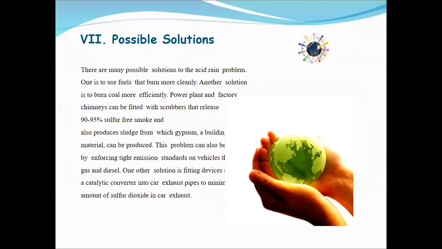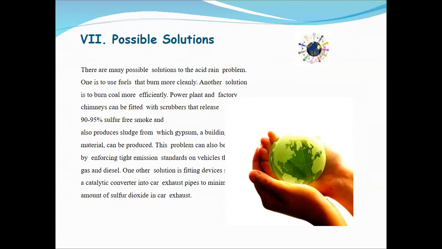This problem can also be avoided by enforcing tight emission standards on vehicles, gas and diesel. Another solution is fitting catalytic converters into car exhaust pipes to minimize the amount of sulfur dioxide in the car exhaust. So these are the possibilities. You can check them out, and by these practices we can reduce acid rain.